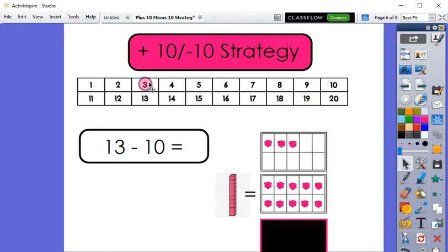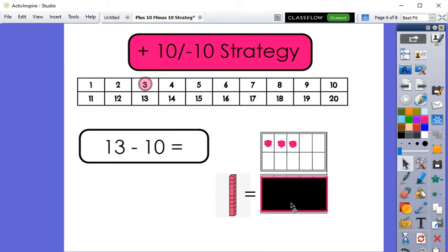Looking at likenesses and differences, we see that the ones place didn't change because I didn't take any ones away. I just took one 10. The only place that changed was my tens place. And again, I can represent that with a double tens frame. 13 minus 10 leaves me with a difference of 3.